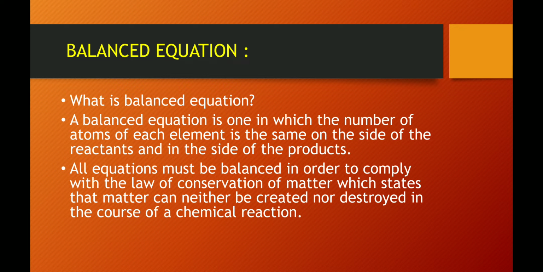It states that matter can neither be created nor destroyed in the course of a chemical reaction. Let me tell you once again, the law of conservation of matter states that matter can neither be created nor destroyed in the course of a chemical reaction.